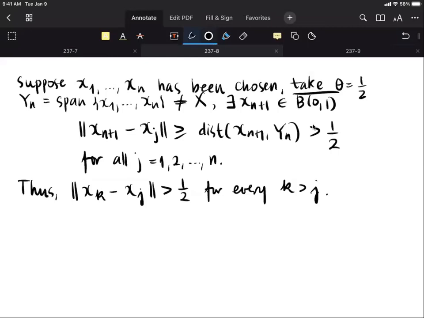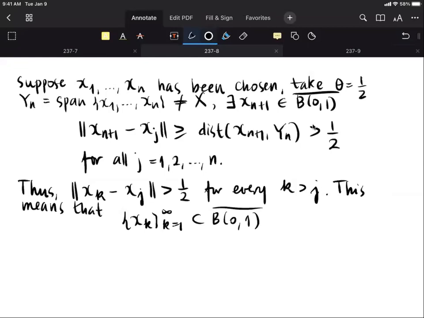So if your indices are distinct, the terms of your sequence are greater than 1/2 distance apart. So this means that your sequence x_k, which by construction is a sequence in the closed unit ball, has no convergent subsequence.